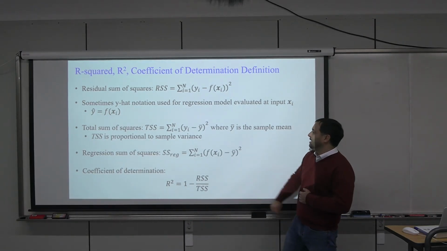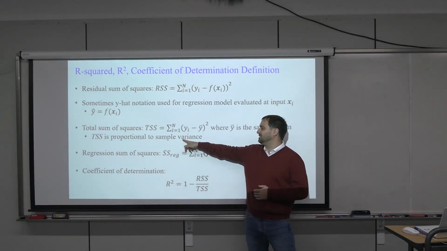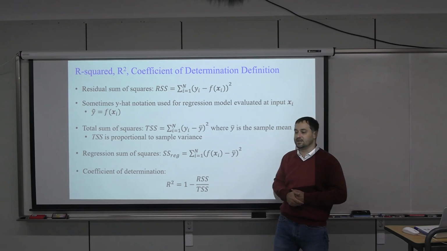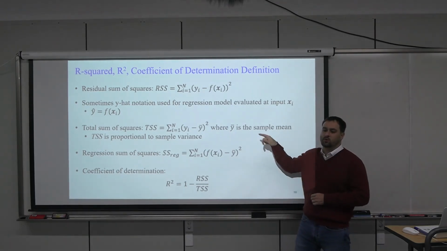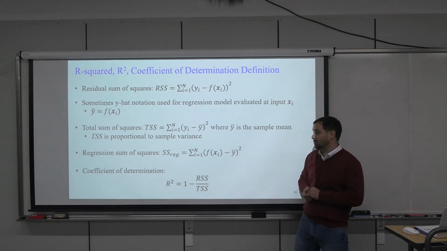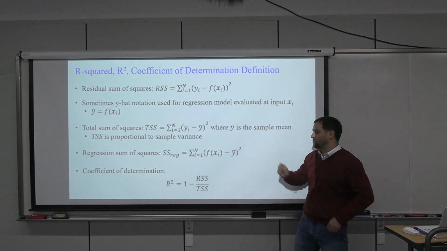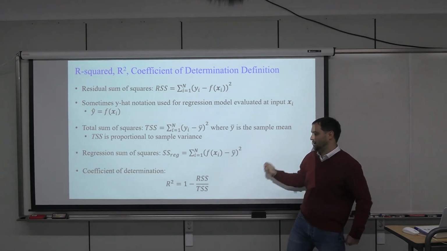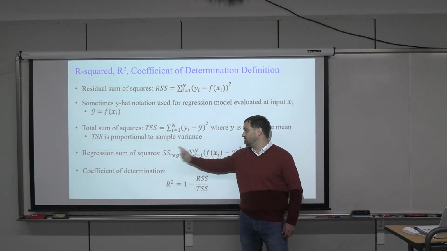And so remember, total sum of squares is proportional to the sample variance. And sometimes we call that sum of squares of y in the linear least squares model derivation. And now we have the regression sum of squares, so the SS of regression.